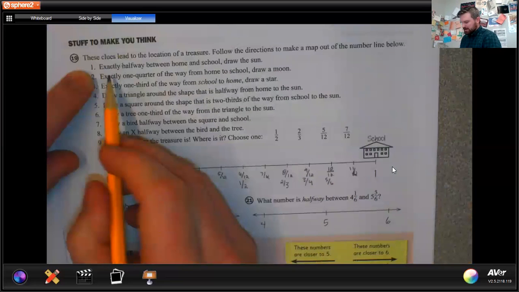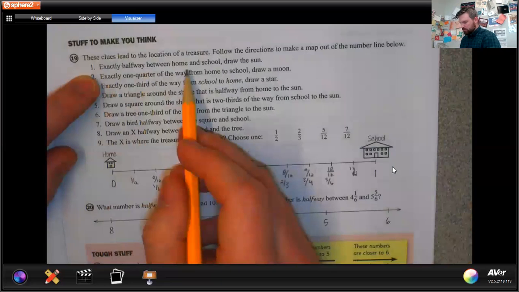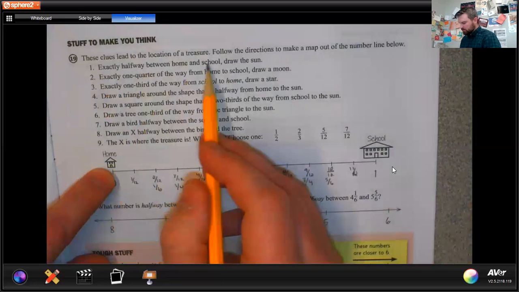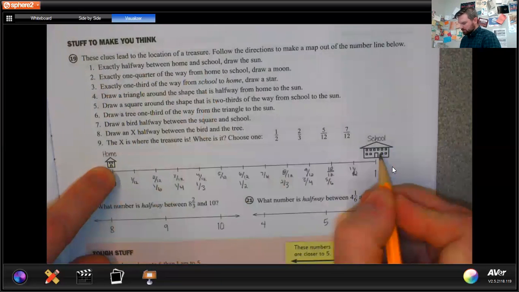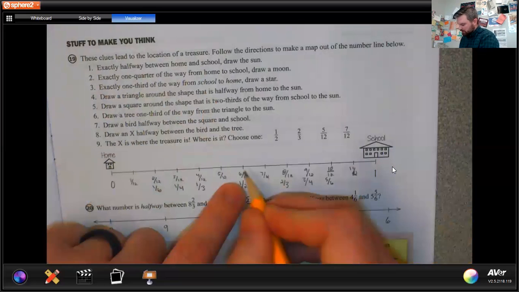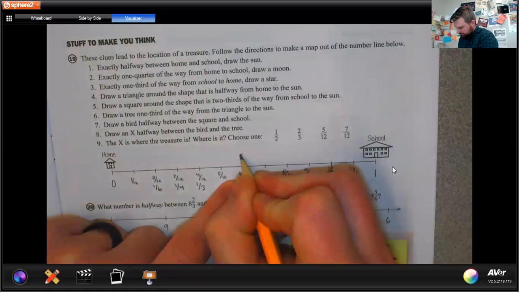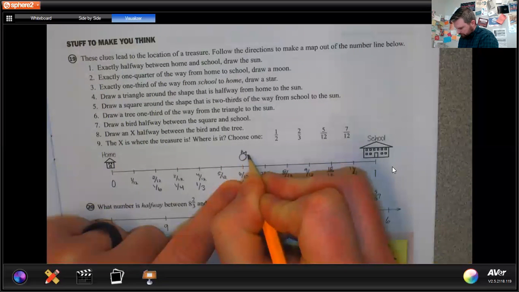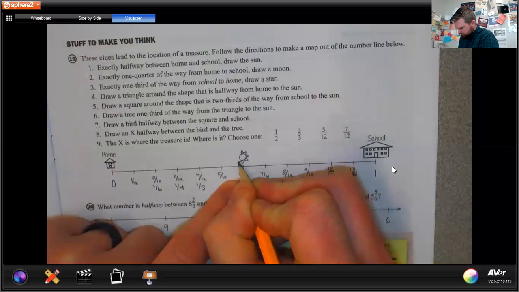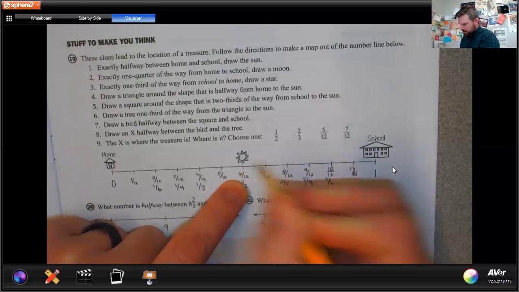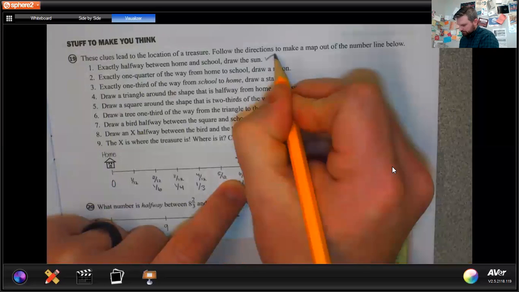All right, so exactly halfway between home and school, you're going to draw the sun. So here's home and school. Halfway is a half. You're going to draw a sun. Okay, so we got that. Check.